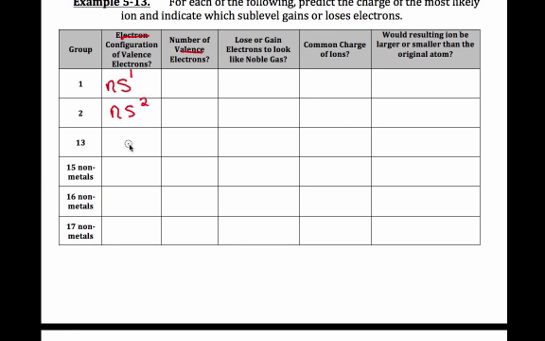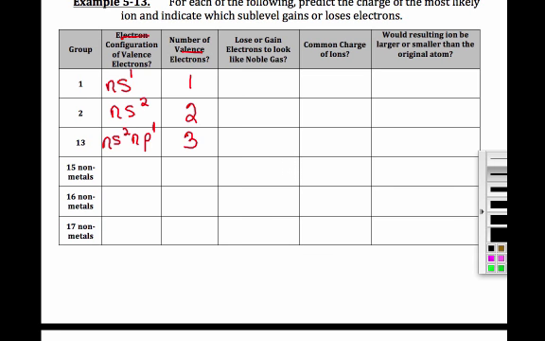So it could be 1s2, 2s2, 3s2, 4s2, and so forth. Group 13 ends in ns2, np1. Okay, so group 1 has 1, group 2 has 2, group 13 has 3 valence electrons.